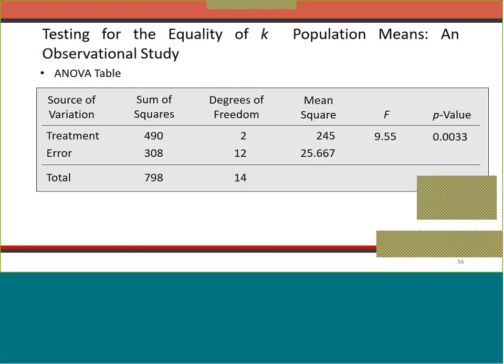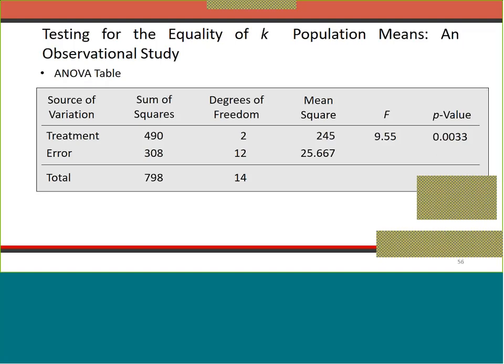If you write the ANOVA table, first column is source of variation: treatment, error, total. Sum of squares: 490, 308, 790. Degrees of freedom: for the first one it is number of treatments minus 1, that is 2. For error, total number of observations minus treatments, 12. Total is number of observations minus 1, 14.